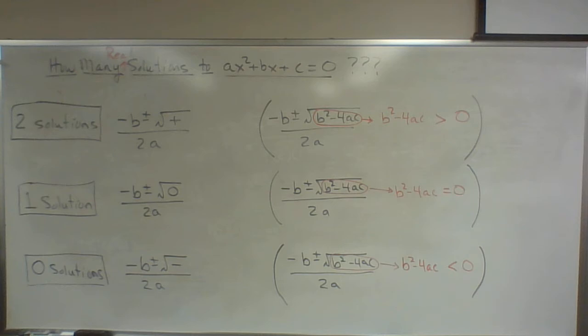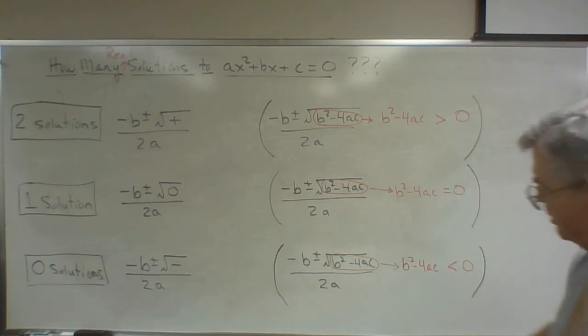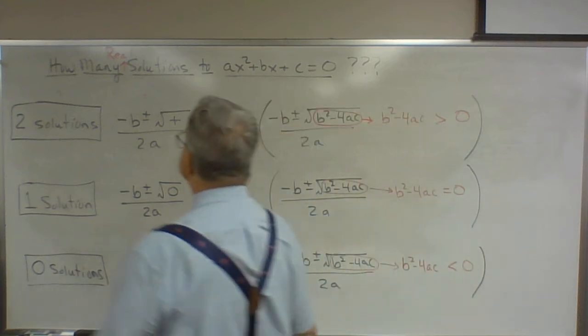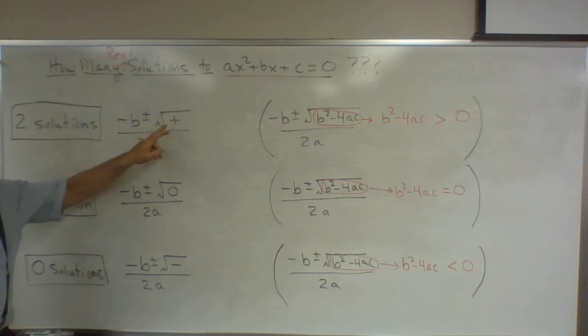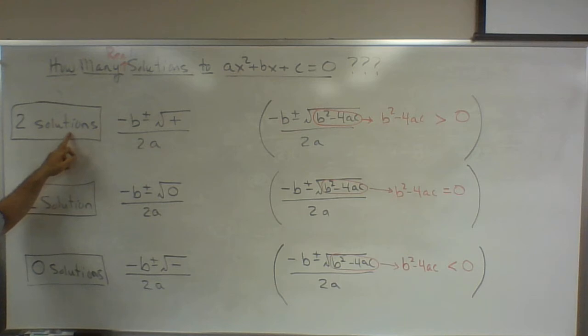Now, our book explains this a little bit differently, but this is the easy way to remember it. Positive expression under the radical, two distinct solutions. 0 under the radical, one solution. Negative number under the radical, 0 real solutions.